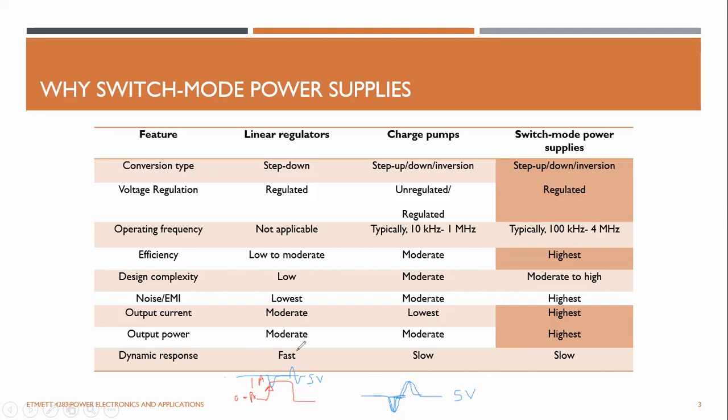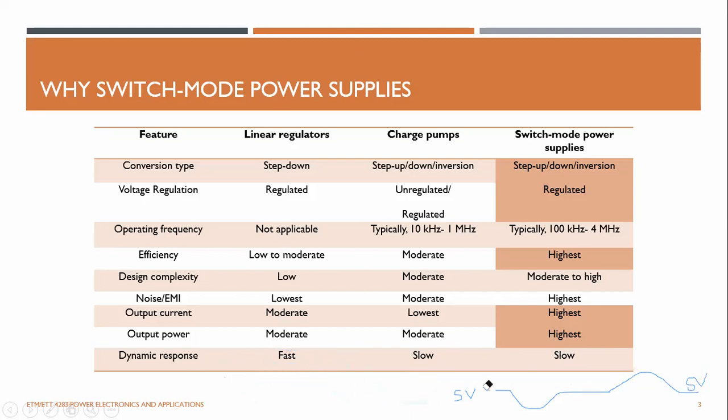Linear regulators always provide a fast transient response. If you've done the simulations I have asked you to do, you can compare their responses. The switch mode is very slow, which means when you switch this on, it takes a lot of time to recover, and when you turn off the load, it takes some time to recover back to your desired voltage, right?